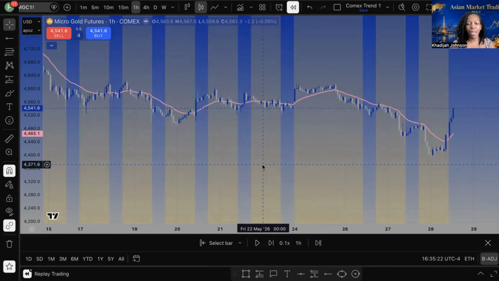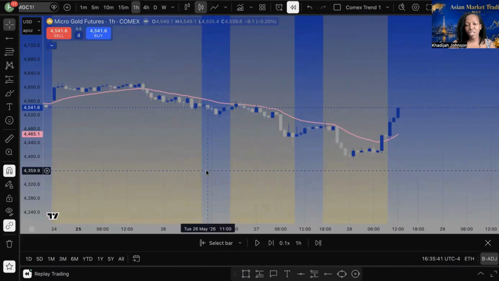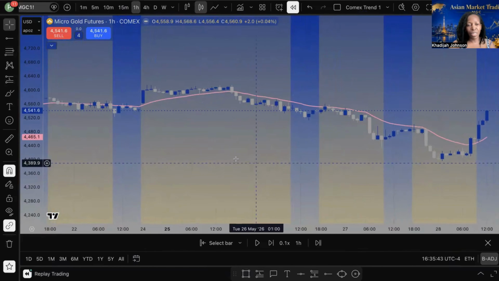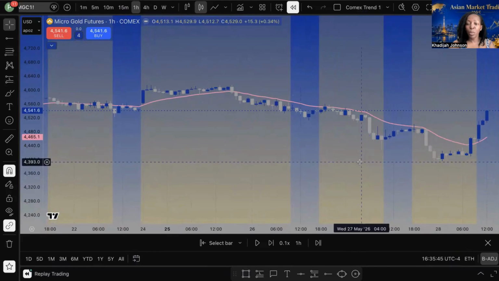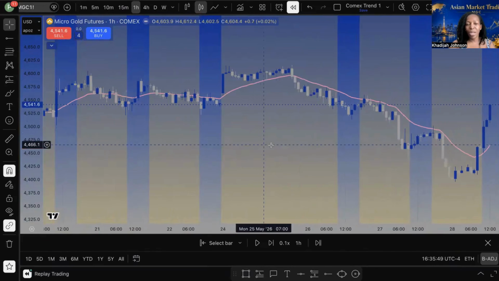I wanted the canvas of my chart and table to be a calming mood, so I used a blue-grayish color. I changed my candlesticks: my bearish candles are gray, as you can see, and my bullish candles are blue, which is a little more calming for me when I'm trading.